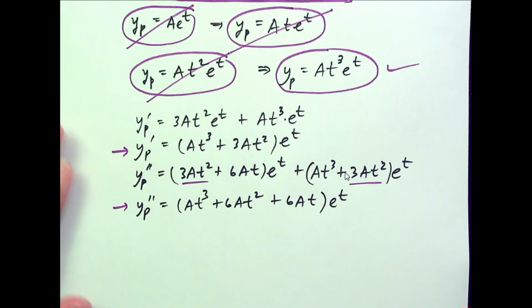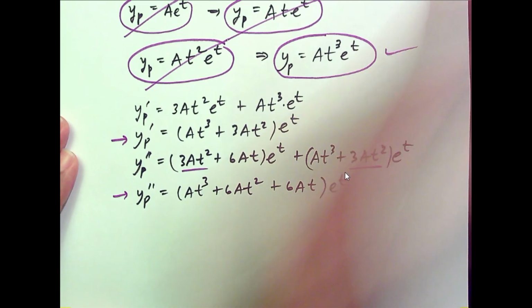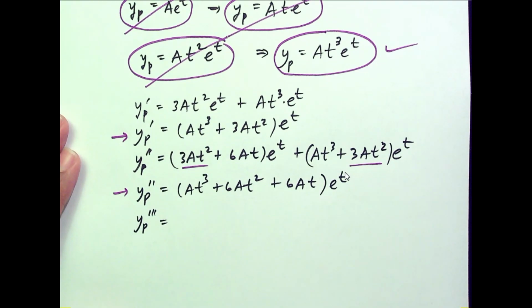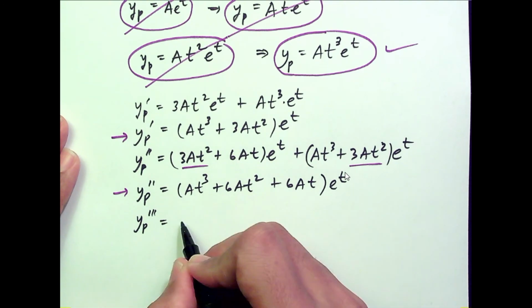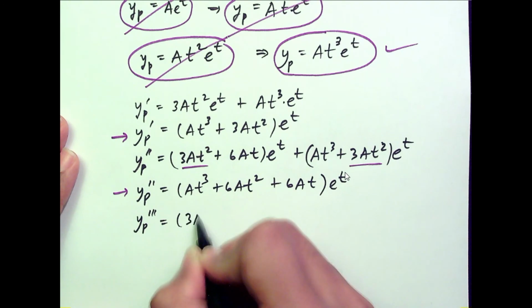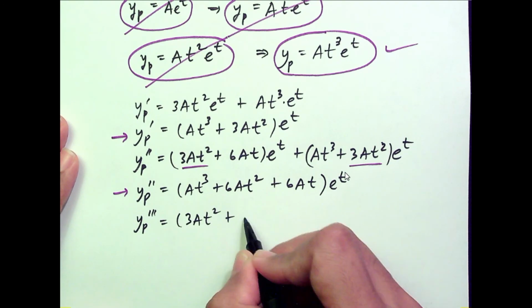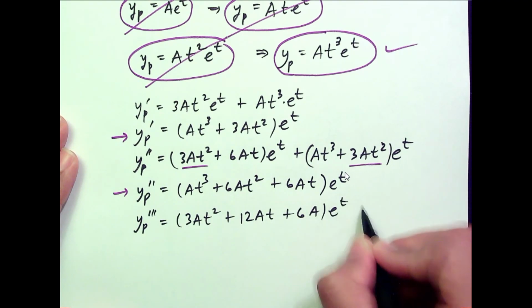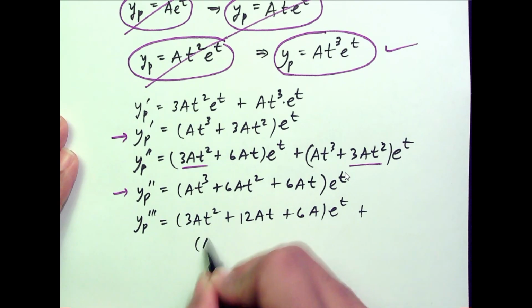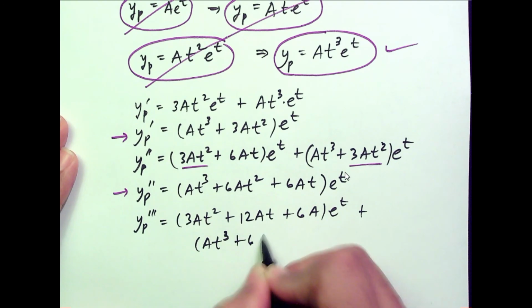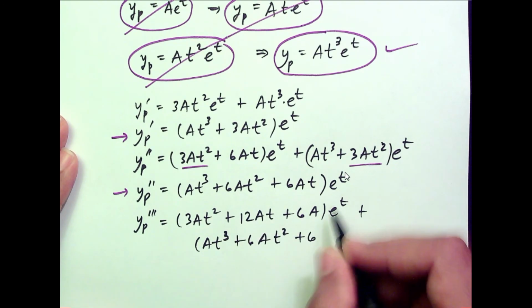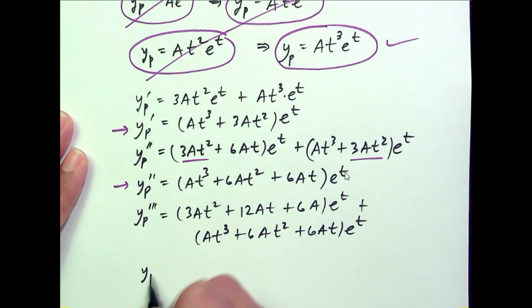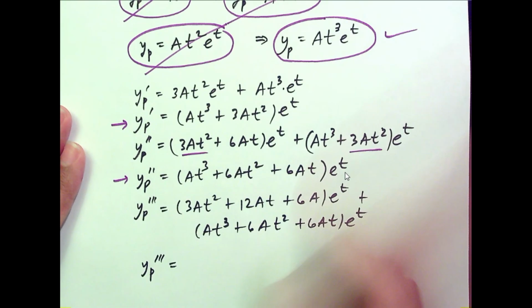Now let's do the third derivative. The derivative of the first, so this is going to be 3a t squared plus 12a t plus 6a, times the second, plus now the first times the derivative of the second, which simplifies to, let's combine the polynomials.